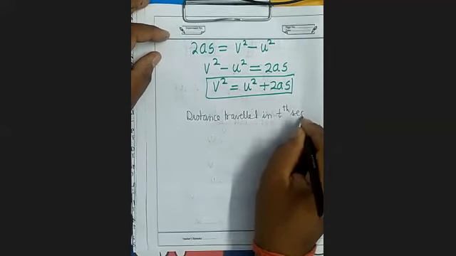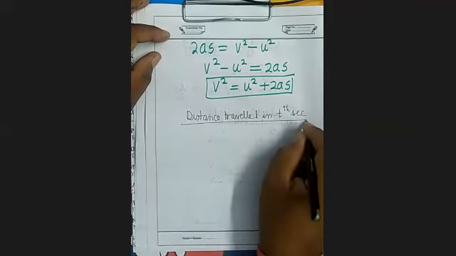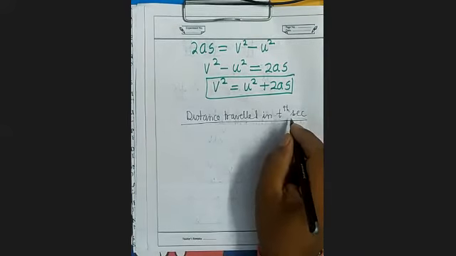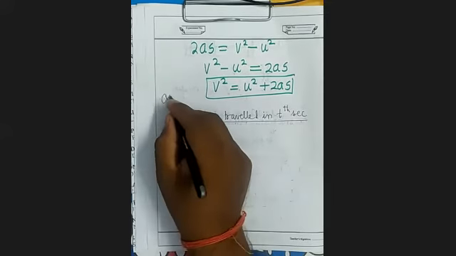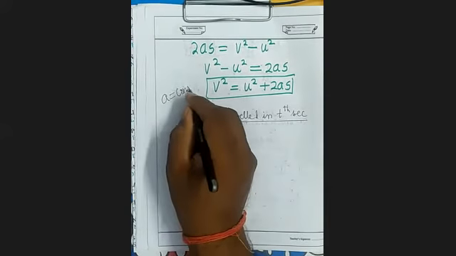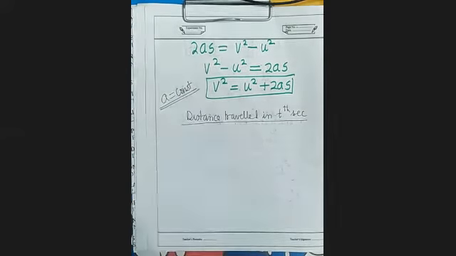And you remember that all these equations are under the condition that a equals constant. A is not changing, it is constant. Velocity is increasing or decreasing at a constant rate. It's clear. So distance traveled in the th second.